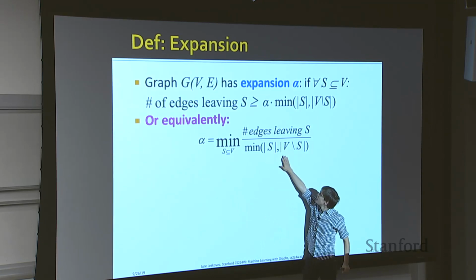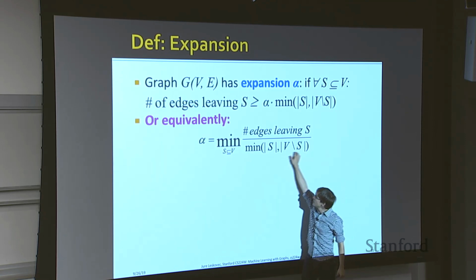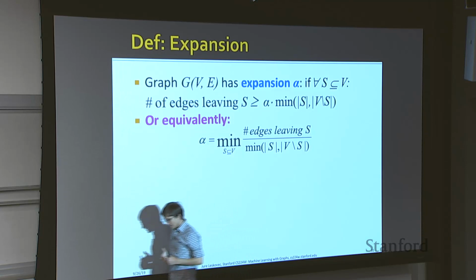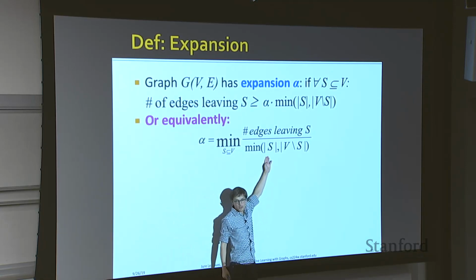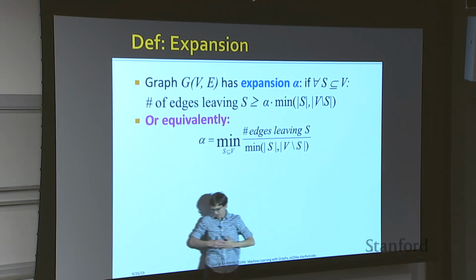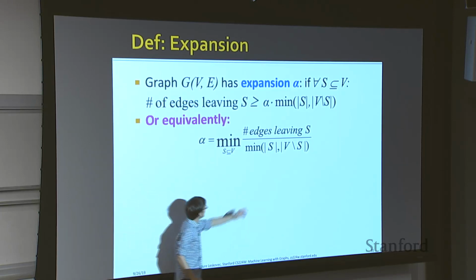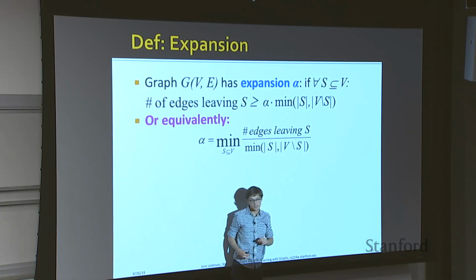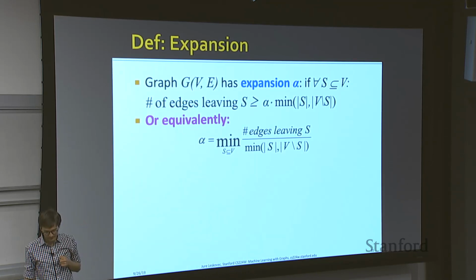The reason is that you take whatever is smaller, right? If the size of S is less than half of the nodes in the graph, then you can just divide by the size of S. This is just to prevent the metric from cheating itself, okay?